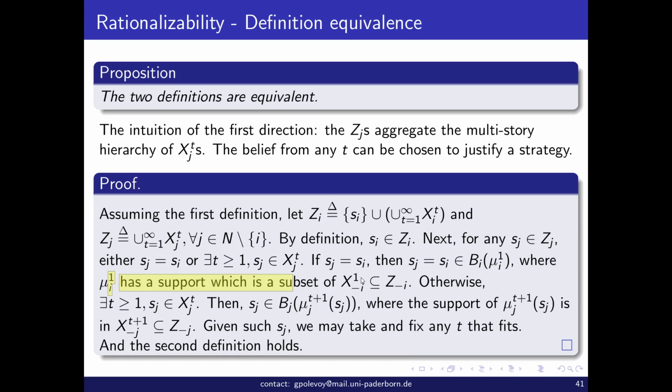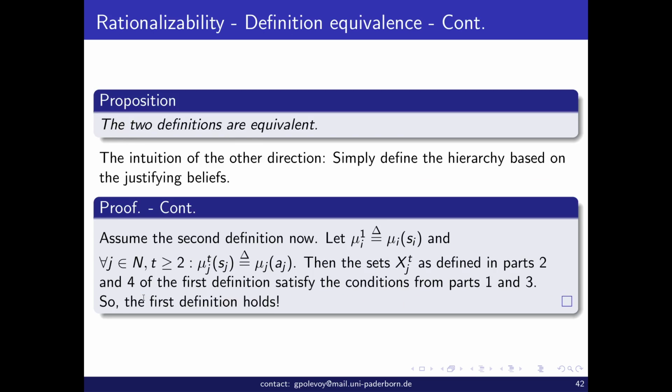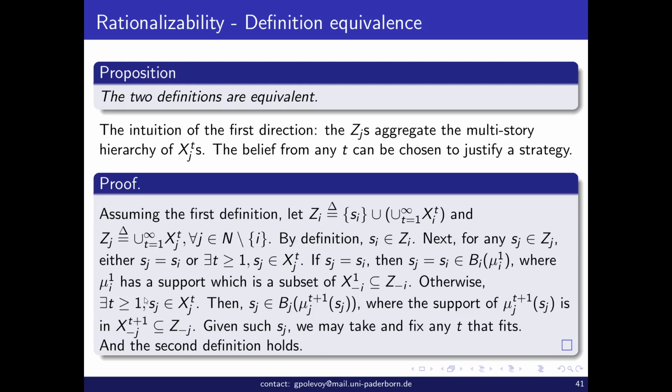Otherwise, there is some t which gives us that Sj is in Xtj, at the level t of j. Then Sj, by the first definition, is the best response to some mu t plus 1 j of Sj. This mu can depend on the t and so on.